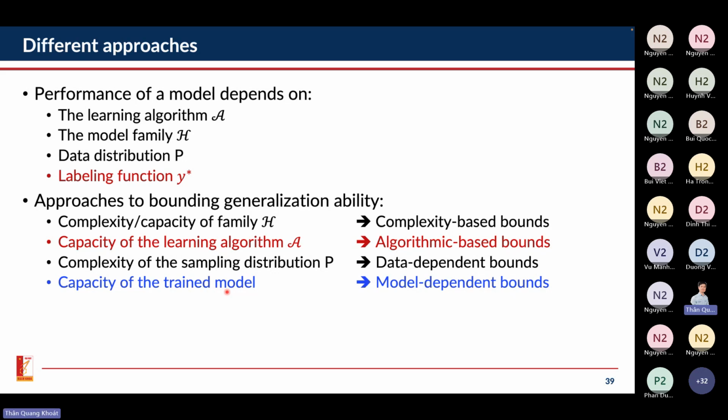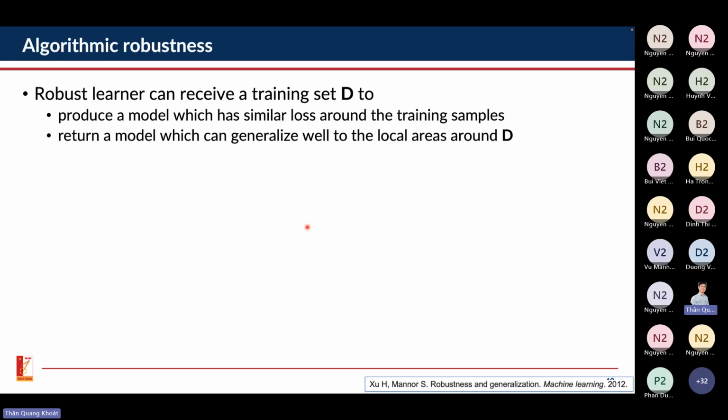So that's why most prior theories focus on these two approaches. Okay, it is easy to analyze. For example, one approach focuses on robustness. They are trying to analyze the robustness of a learning algorithm.